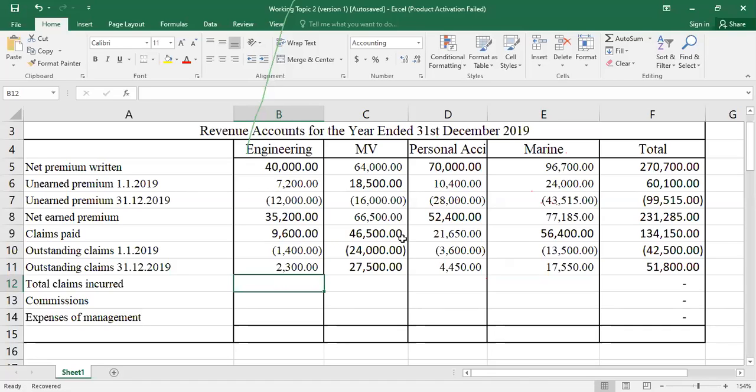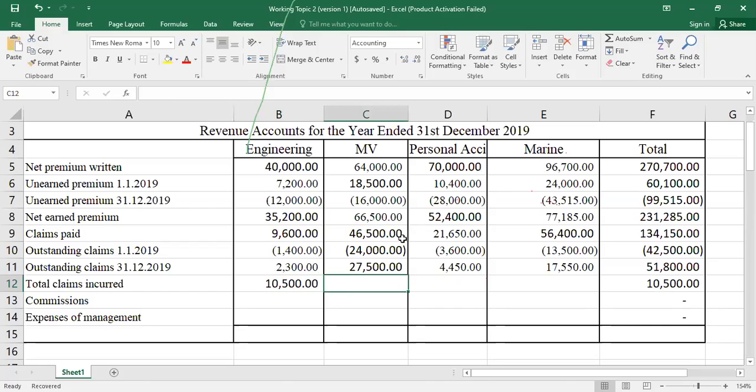So claims paid, we subtract the outstanding, we add back the outstanding claims as at the end of the year. So it will be 96 minus 14 plus 23. We are getting 10,500.